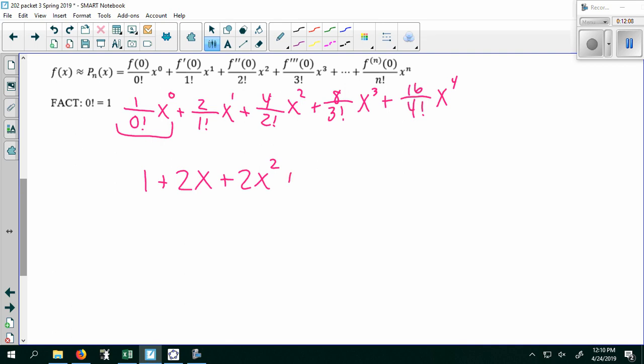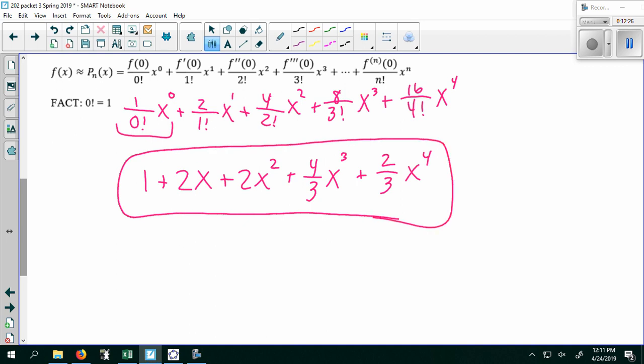So 8 over 6, that is 4 over 3 x cubed. And 4 factorial is 4 times 3 times 2 times 1, which is 24. 16 over 24 reduces to 2/3. And this is exactly what we got by just matching derivatives.